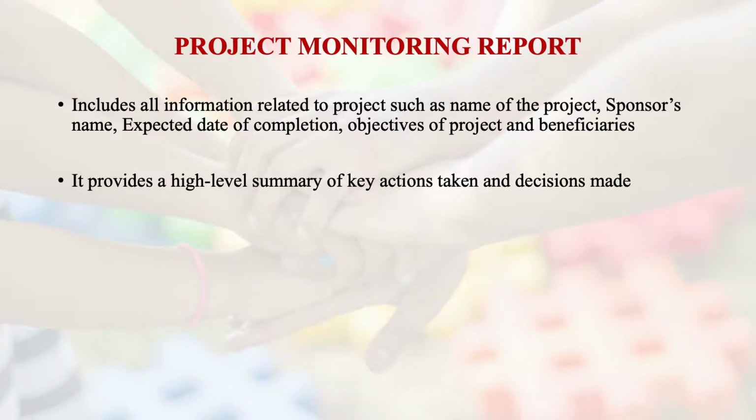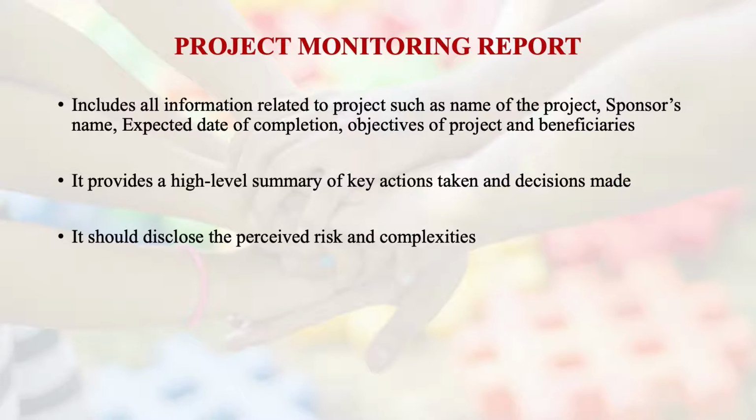So this has to be described properly, and it provides a high-level summary of key actions taken and decisions made. It should disclose the perceived risk and complexities, and risk is the measure of uncertainty, and that is why project monitoring is very, very important.